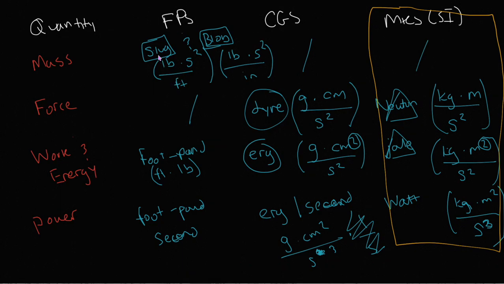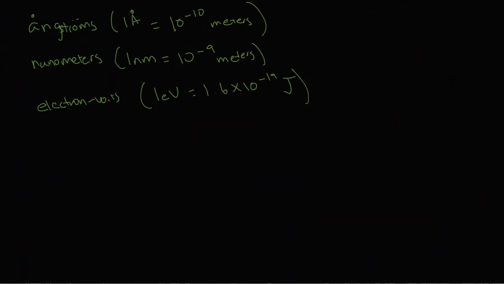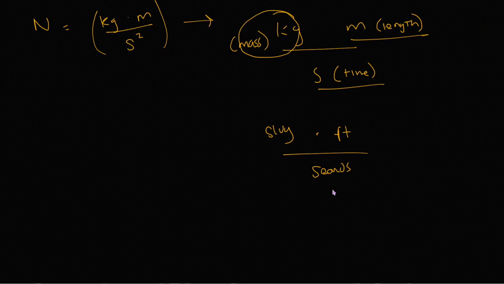So we can just write slug, or we can write pounds times seconds squared over feet. Force will obey the same relationship with mass and acceleration regardless of the unit system. Force is always going to be the product of mass times acceleration. So knowing this, 1 pound must always be equal to 1 slug times feet per second squared.